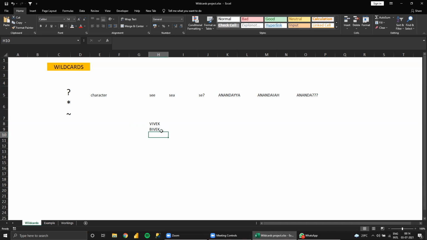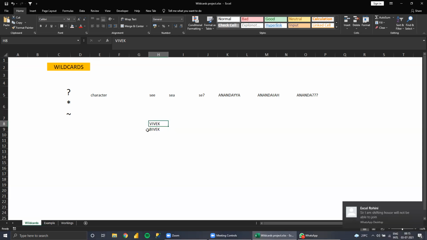These are two spellings of the same name. A few people say Vivek, a few say Bivek. The person is the same, but a few will write V, a few will write B.